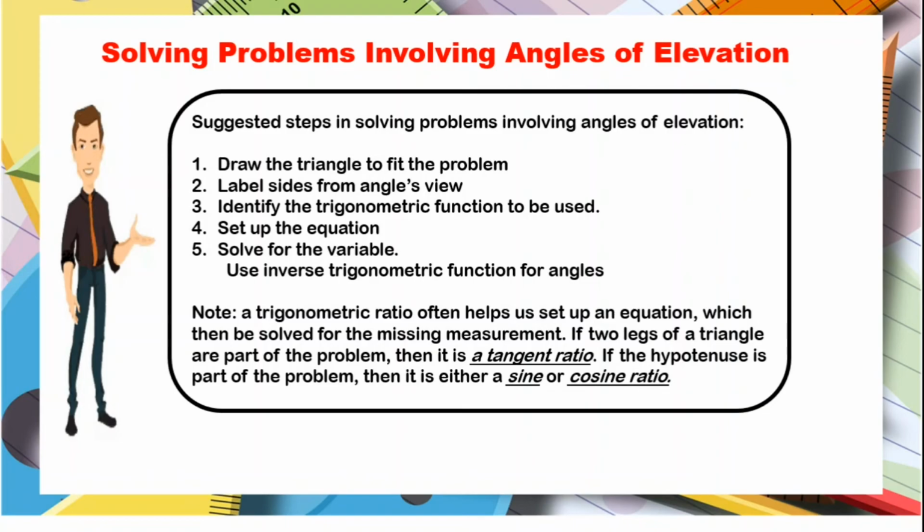Third, identify the trigonometric function to be used. Then, set up the equation. Finally, solve for the variable. Also remember that a trigonometric ratio helps us set up an equation, which can then be solved for the missing measurement.